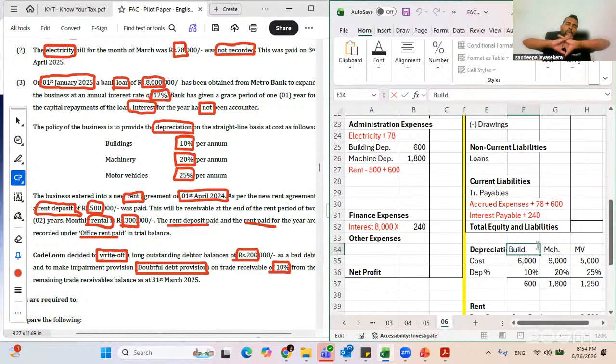Clear? So the rent payable amount of 600 was added to the expense and to the payable.